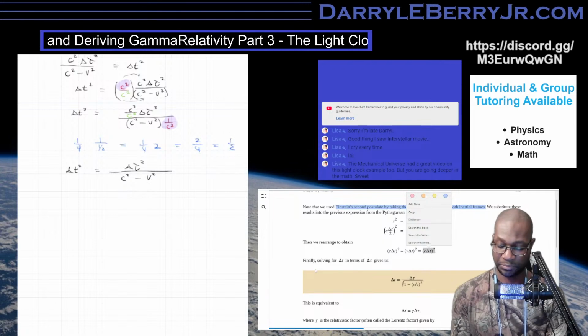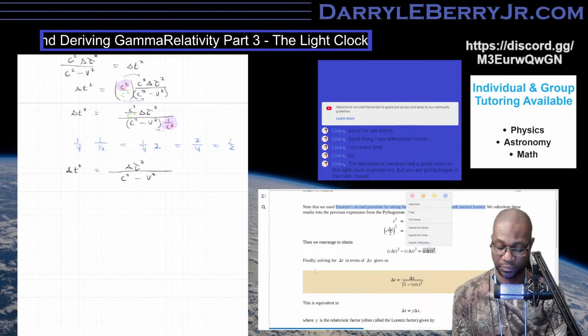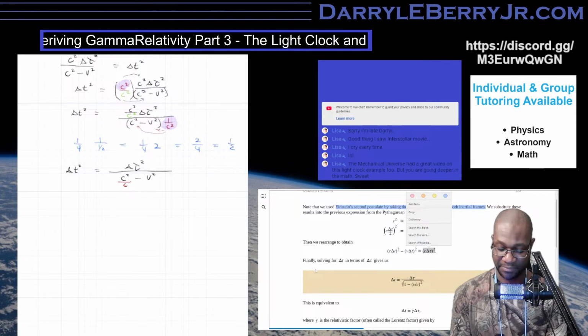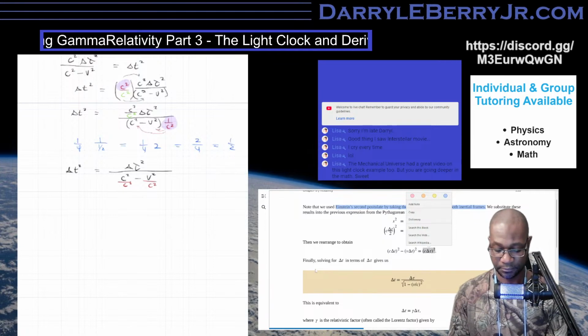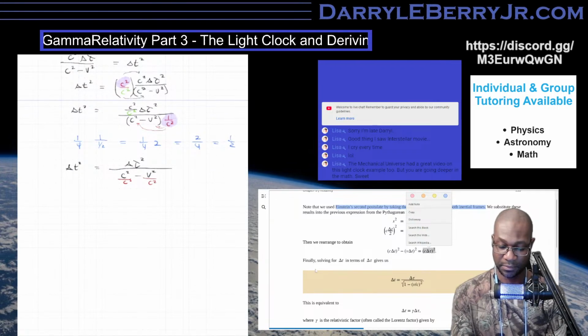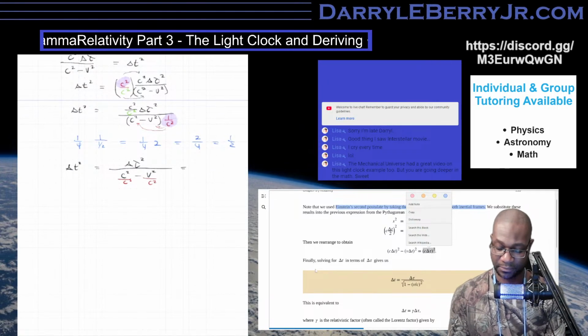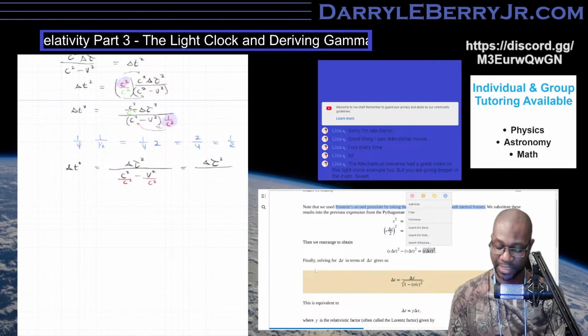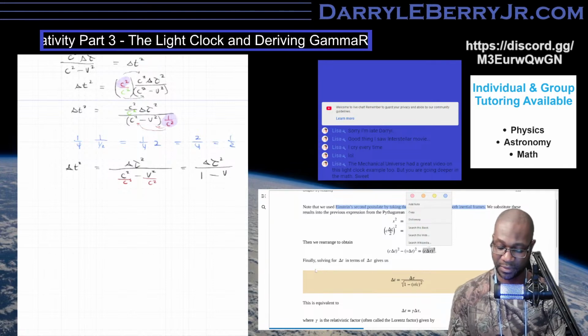That means I have to distribute this 1 over c squared to both of these, so I'm going to have divided by c squared and divided by c squared. And we know that c squared divided by c squared is 1, like we looked at earlier. So that becomes 1 minus v squared over c squared.